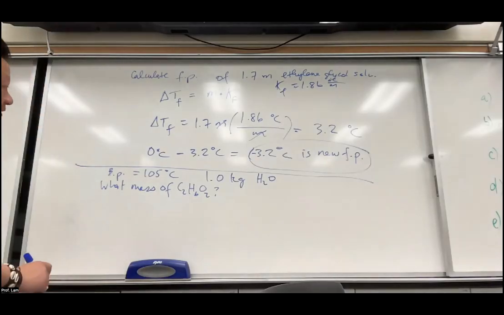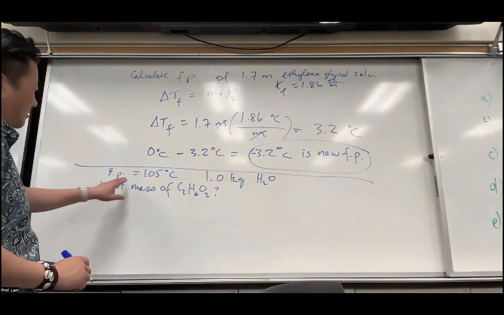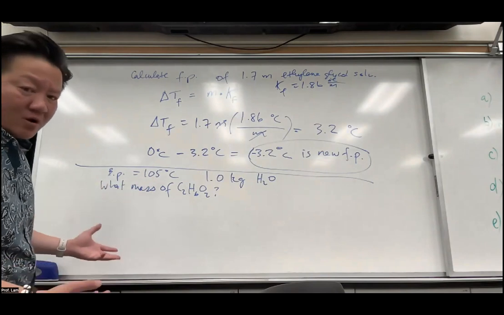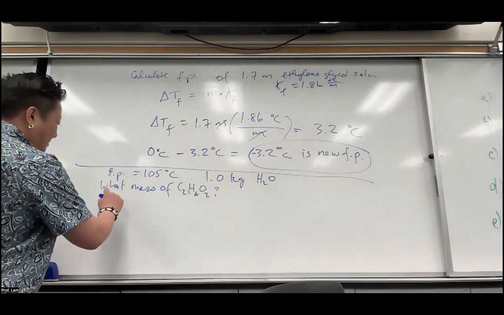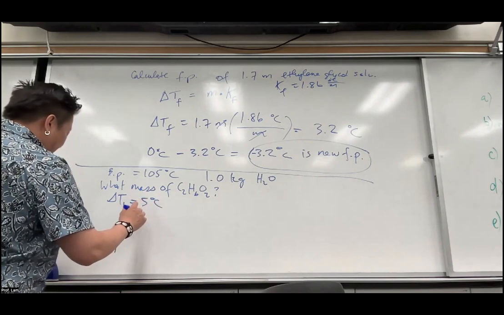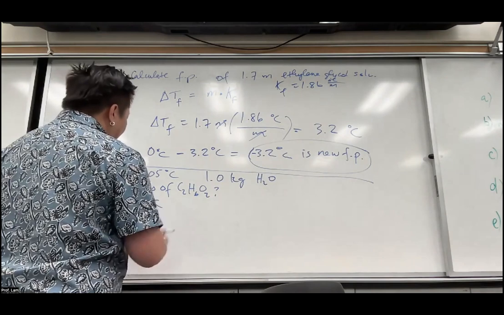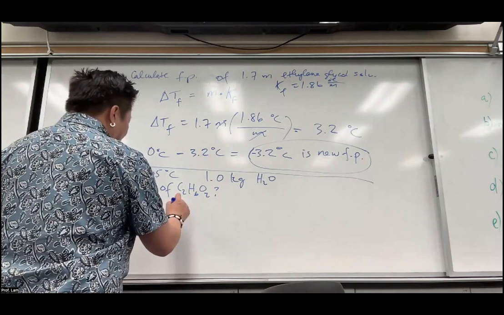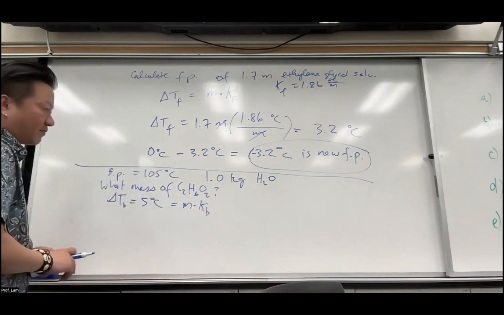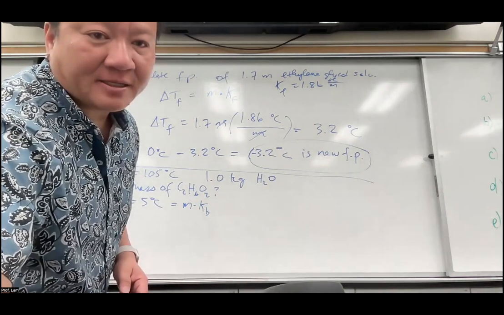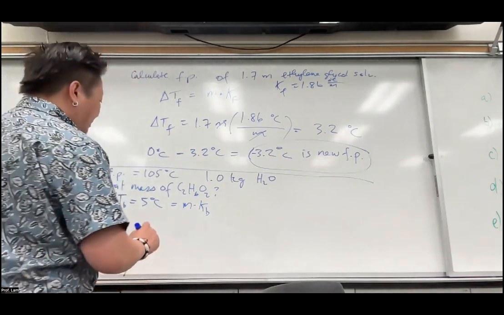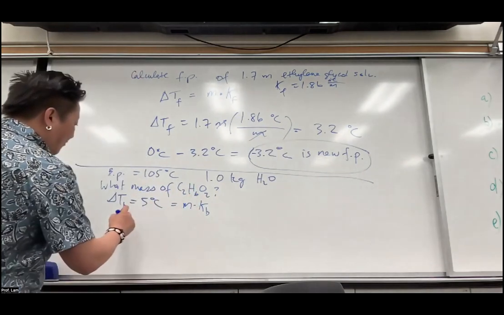Okay, let's do it. So the boiling point of the solution is 105. Well, we know that water boils at 100. So that means that our delta TB is 5 degrees Celsius. And that is equal to little m times KB, right? Looking at what KB is for water on that table, it's 0.512. So we have to solve for little m.